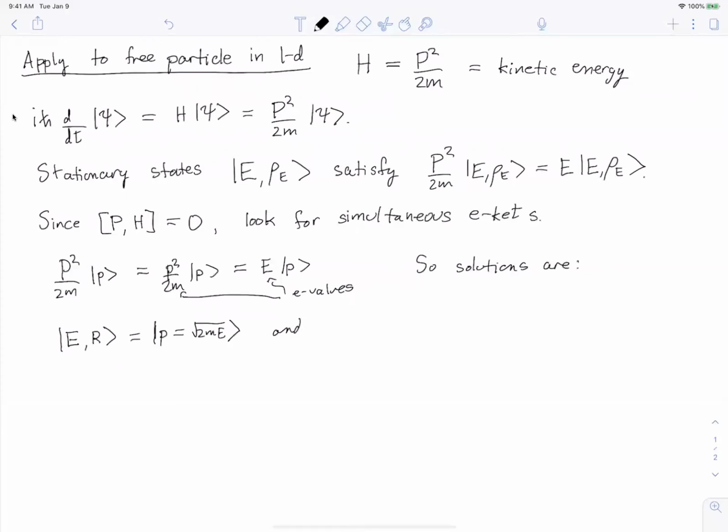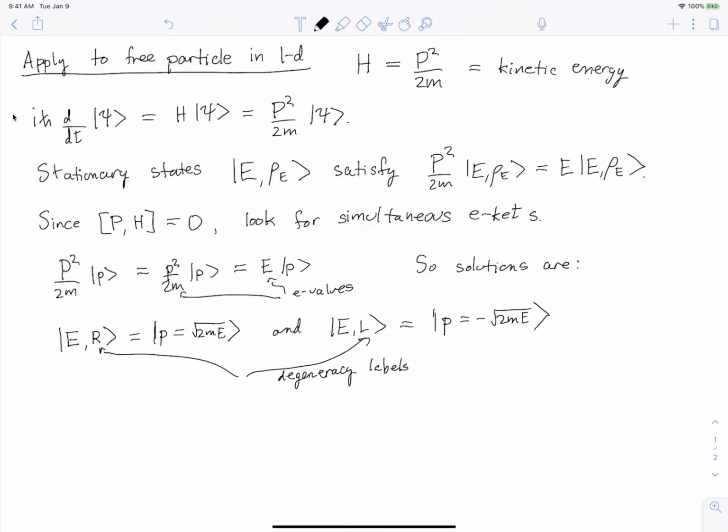And then there's a degenerate left moving energy eigenstate, which is p equals minus the square root of 2mE, again within the ket notation. Right and left here are degeneracy labels for the energy. The momentum operator does not have a degeneracy, it turns out.